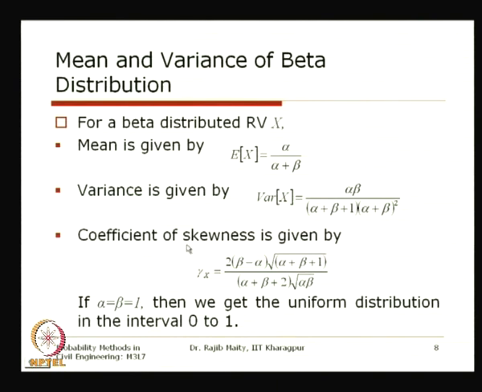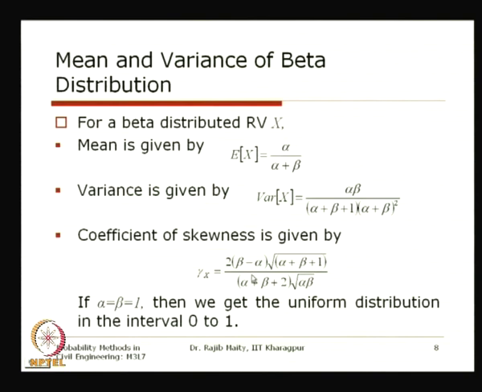Coming to skewness, this is the third moment with respect to the mean. When you are talking about the coefficient of skewness, it is normalized by the cube of the standard deviation, or the 3/2 power of the variance. This is also discussed in the previous lectures. So for the beta distribution, if we calculate the coefficient of skewness, it will take this form with respect to the parameters.